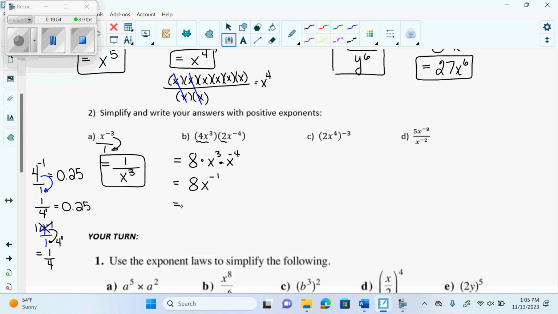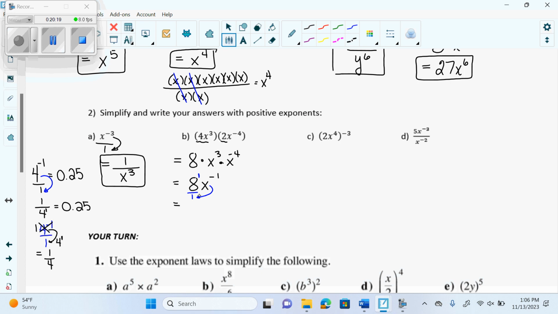What is your 8 actually to? What exponent is it to? It's to a 1. It's not to the negative 1, is it? It's just to the 1. So does the 8 have to move anywhere? No, it has a positive exponent. The only thing I'm moving to my denominator is this x to the negative 1. Do you see how that negative 1 is not tied to the 8? If it was tied to the 8, it would be 8x in brackets to the negative 1.